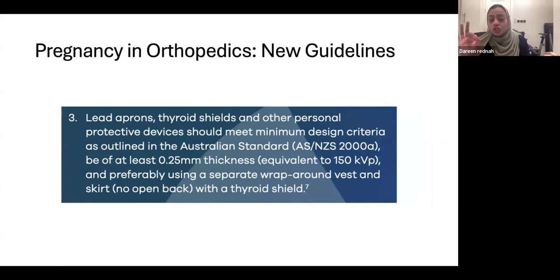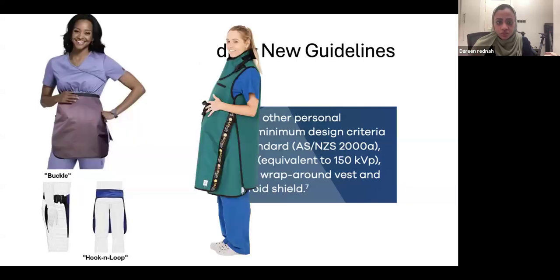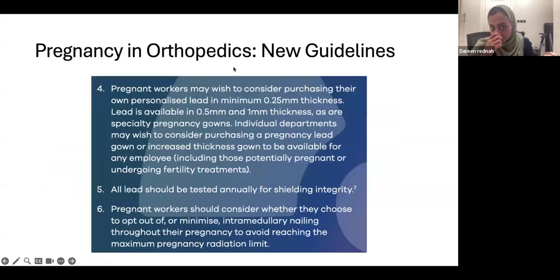It is preferred to use separated, wrapped-around vest and skirt, with no opening in the back, with a thyroid shield like this one. No opening in the back, and underneath it another shield protecting the uterus.